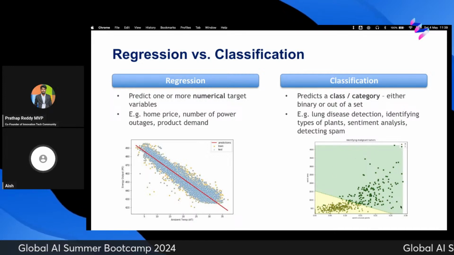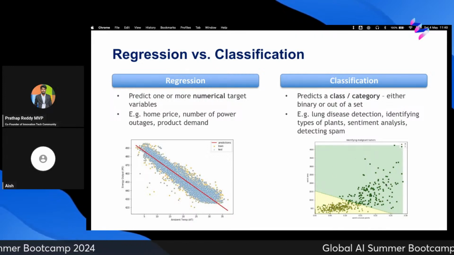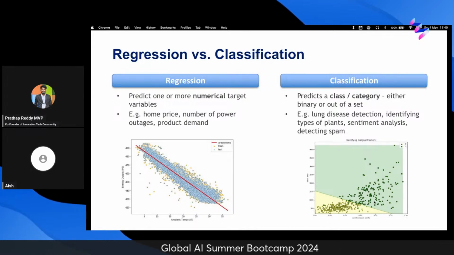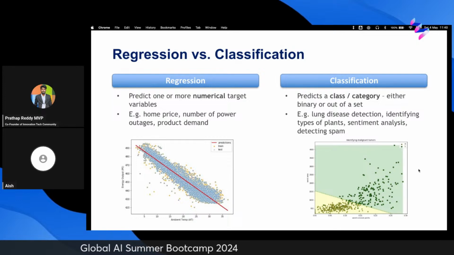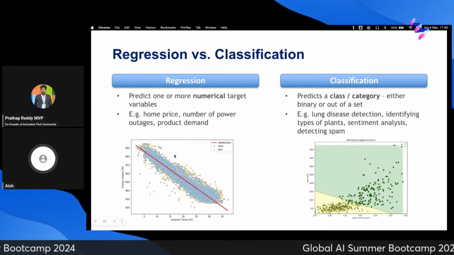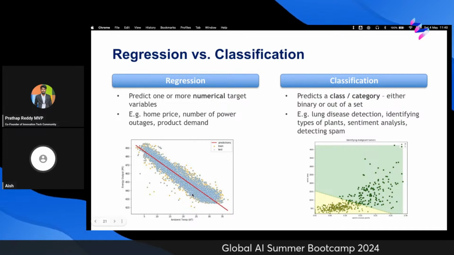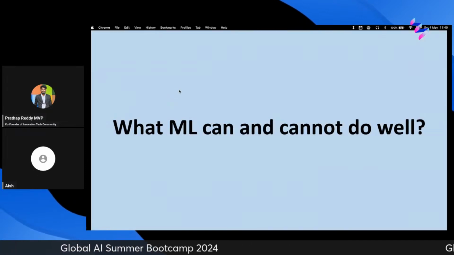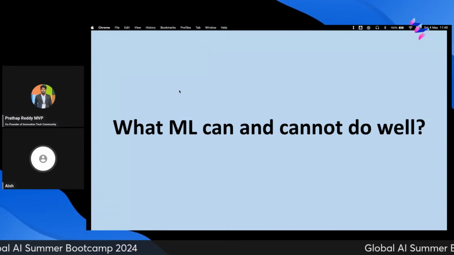So this is an example of classification, where your data is going to fall into two or more categories. So here you have categories, and here you have continuous values which your target can attain. That is the regression.